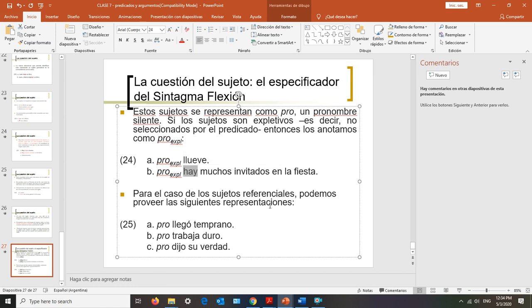Now, in the cases in which the verbs do have an argument structure that selects for a subject that is an argument and that is agentive, as in llegar, as in trabajar, as in decir, when we don't have an explicit pronoun at the level of surface structure, we can understand that it has been elided because there's something else at the level of the surface structure that allows us to recover it, which is the inflectional morphology of the verb in use, right?